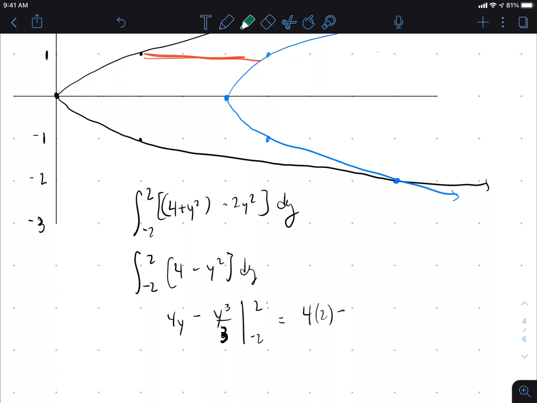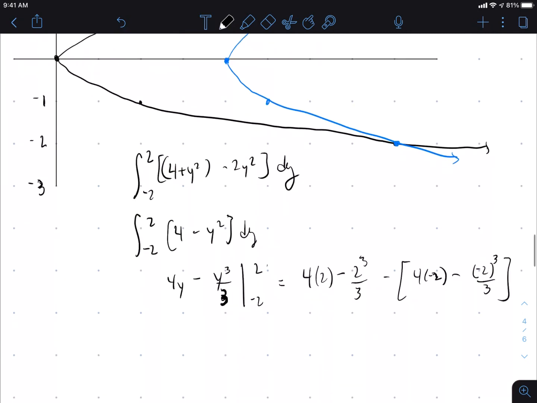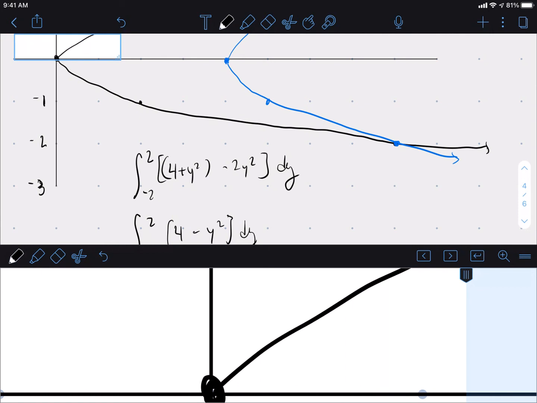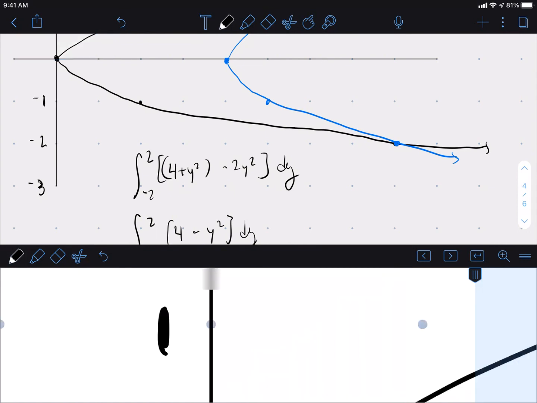Actually, I'll show it so you guys can see it. Wouldn't it be flipped with the signs? Like the -2 would go first? Wait, never mind. No, because it's b minus a.